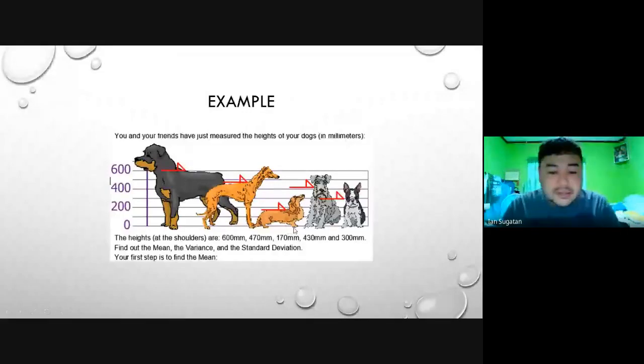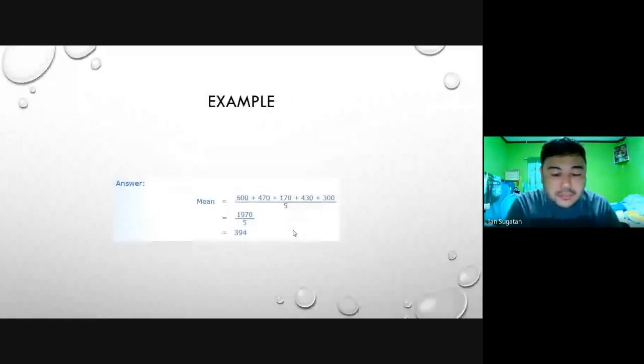Your first step is to find the mean. To find the mean, we have 600 plus 470 plus 170 plus 430 plus 300. The total is 1970. If you divide it by 5, the result will be 394. So the mean is 394.